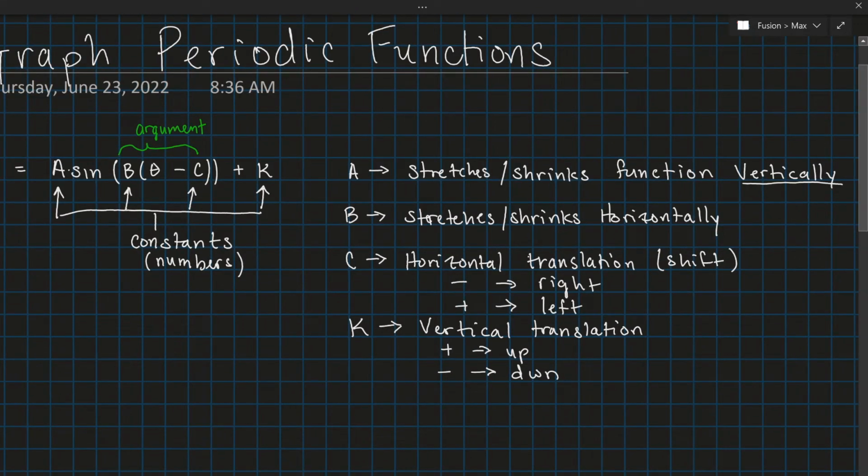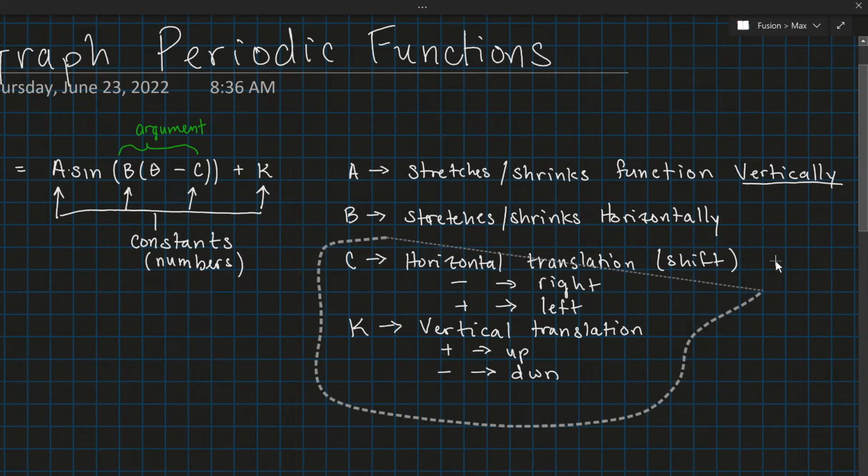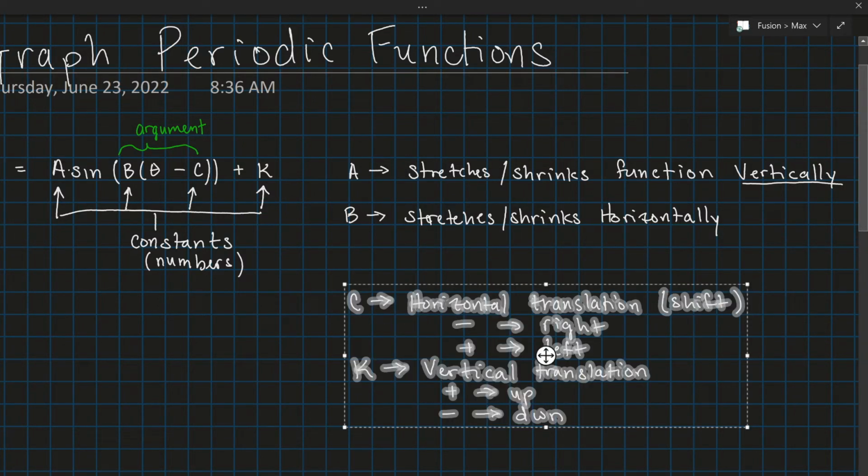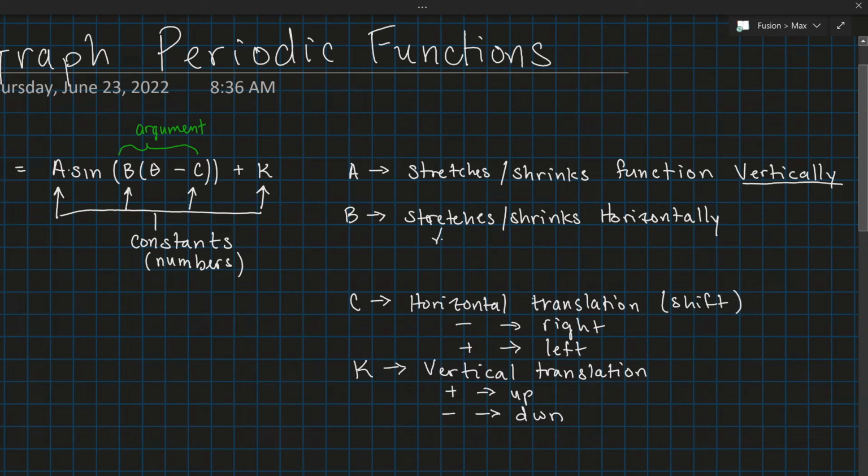Now, we do need to actually do the same thing for the stretches and shrinks. For B, it's weird. It stretches if it's between 0 and 1.